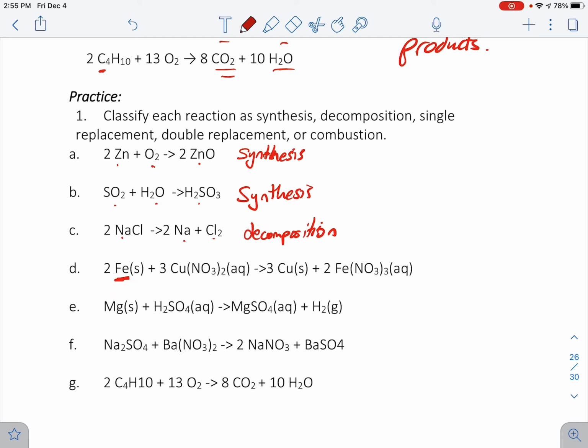Here we have an iron by itself becoming an iron with a partner. Here we have a copper with a partner becoming a copper by itself. So there's always one single, right? Always a single, so that means it is a single displacement.